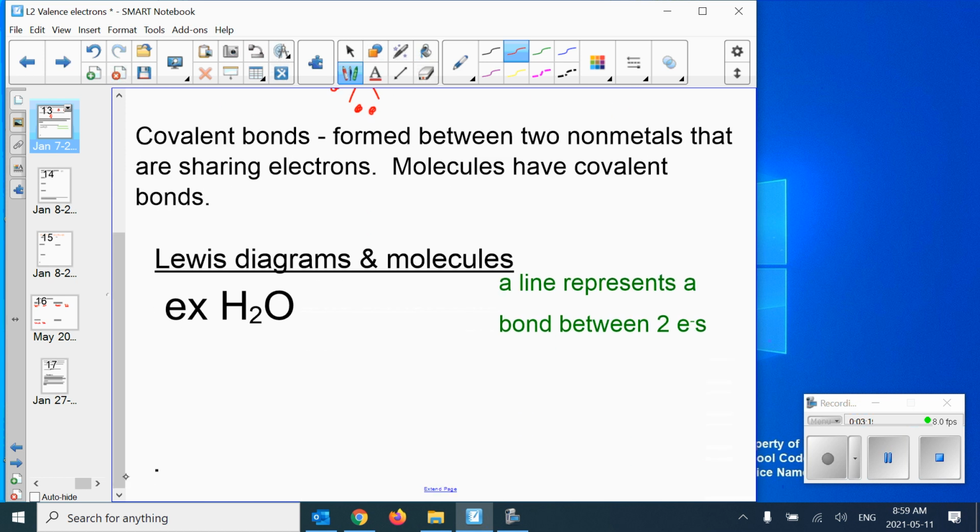Now, Lewis diagrams and molecules. A line represents a bond between 2 electrons. We're going to use the example of water, H2O. If you look at the ingredients of water, H and O, separately, the Lewis diagram for hydrogen is 1 dot, and oxygen has 6 valence electrons.